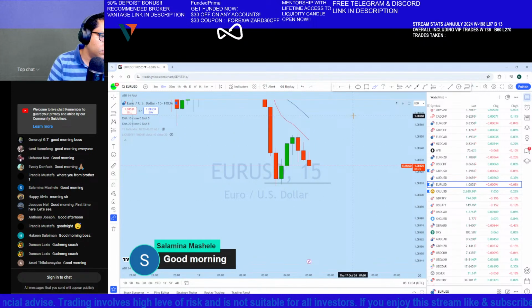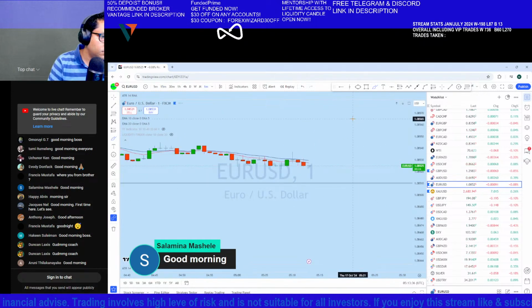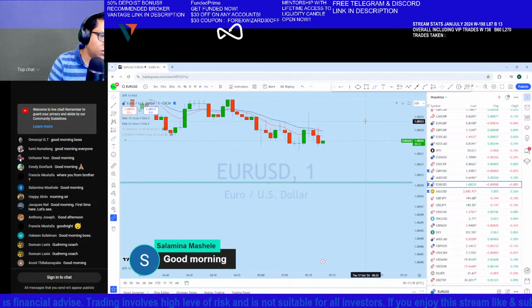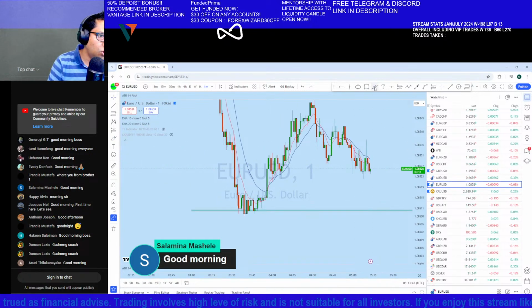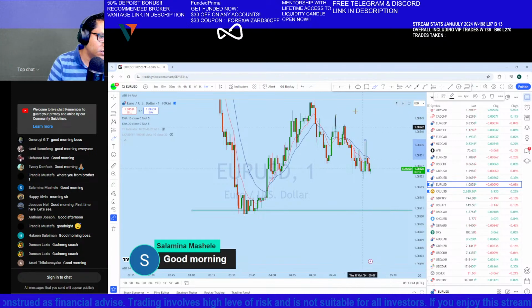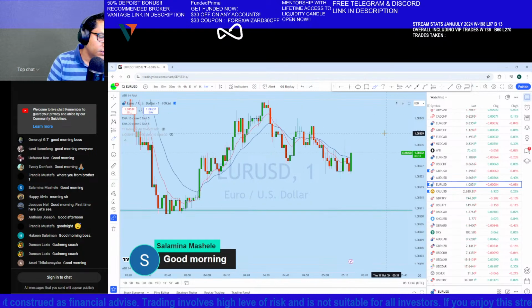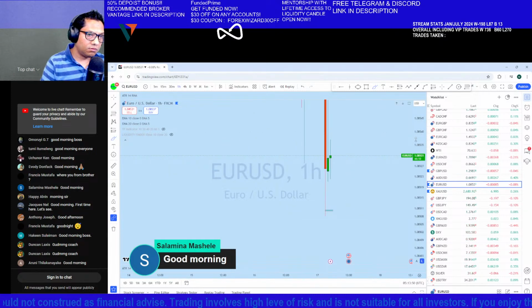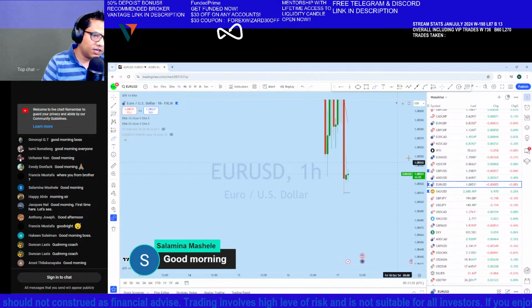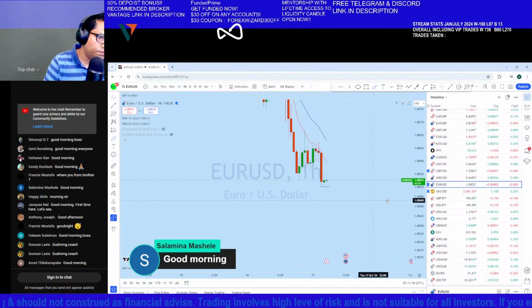And with that said, on the 1 minute chart, we can see the market basically forming long wick candles in those areas. And with those long wick candles, we can expect the market to drop.